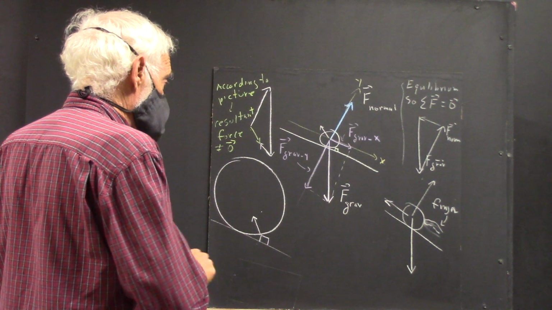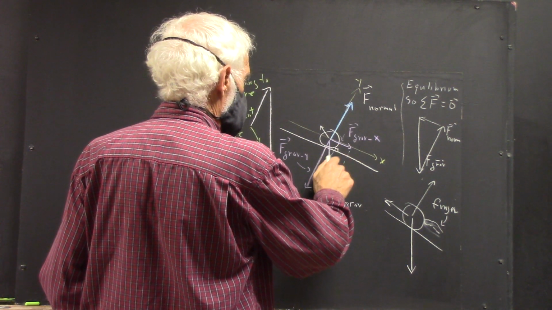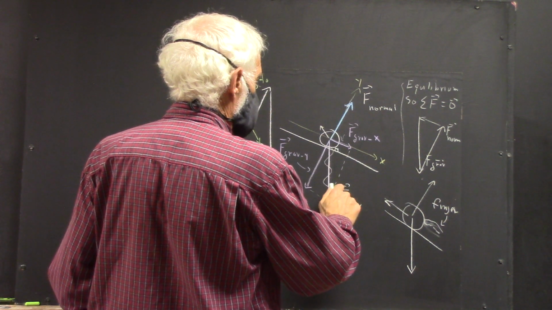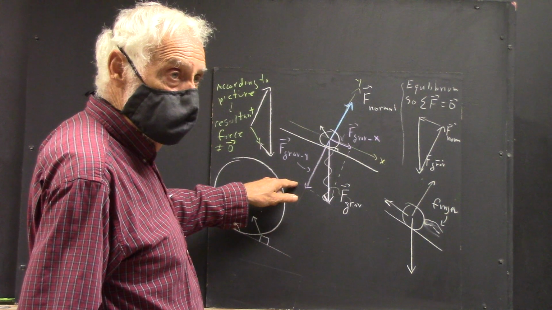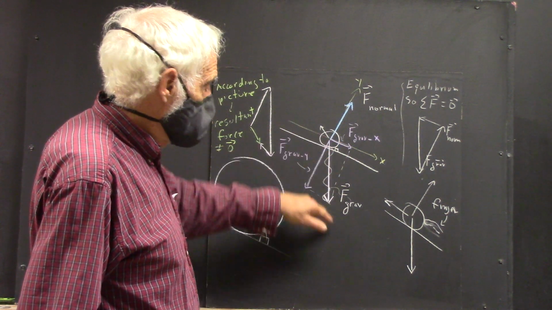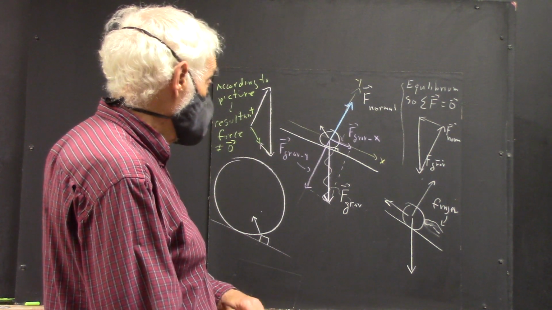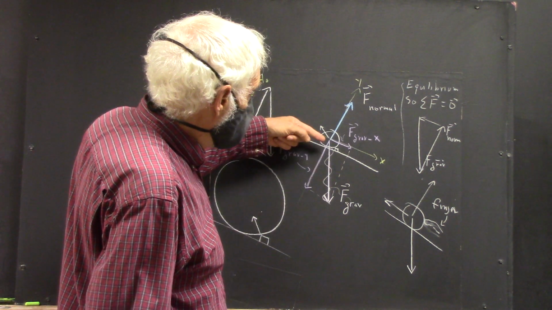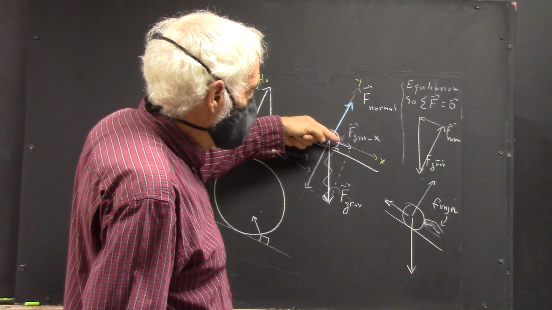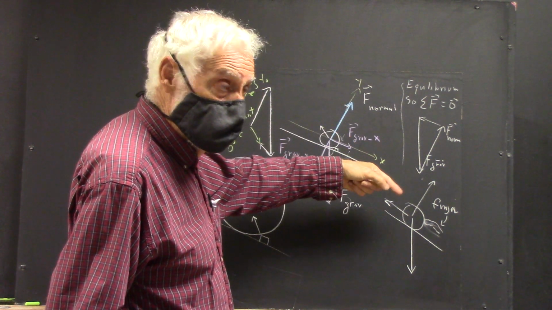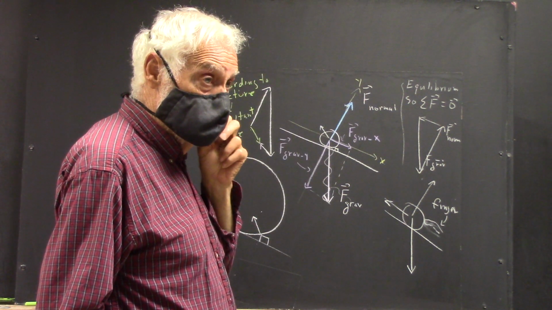Now, we're going to get rid of F grav, because as I said, F grav is equivalent to these two. So I'm going to leave these two and get rid of F grav. So gravitational force now is seen as the resultant of a force parallel to the incline and a force perpendicular to the incline.